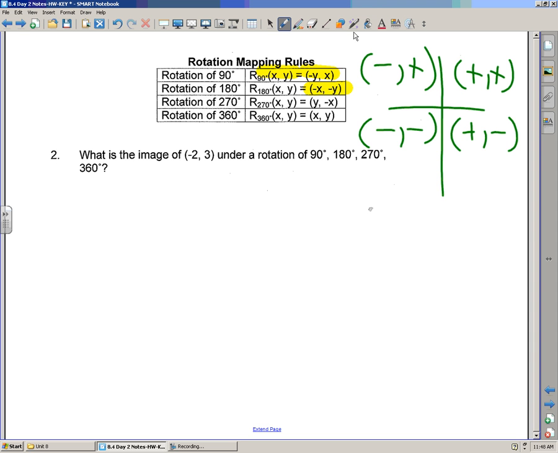If you switch and change again, it becomes y, then negative x. And if you switch and change again, you get back to where you started. So the way to memorize the mapping rules is you're always going to switch, then negate the first.